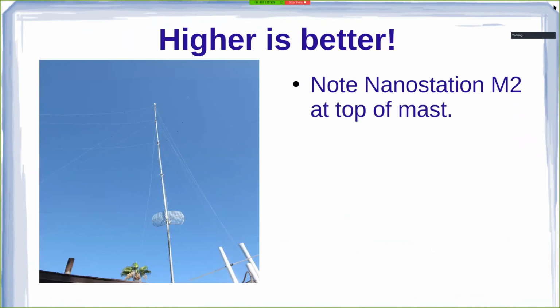So, back in the old days, 4 years ago, when we were operating in the Part 15 channels, it was a struggle to get any mileage at all. This is a photo of a ham station about 3.5 miles west of here. You can see the little nanostation M2 at the top of a 50-foot tower.